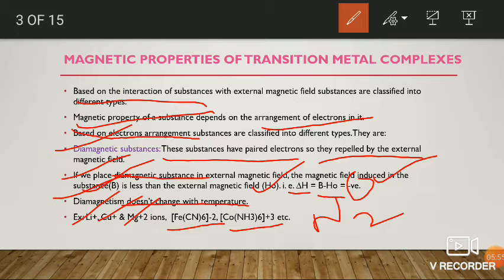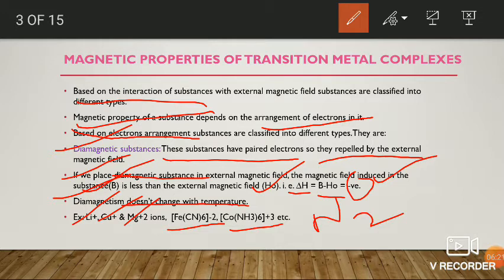Generally the magnetic property of any substance is due to the arrangement of electrons in that substance. The magnetism of any substance is known only if we place the substance within an external magnetic field.